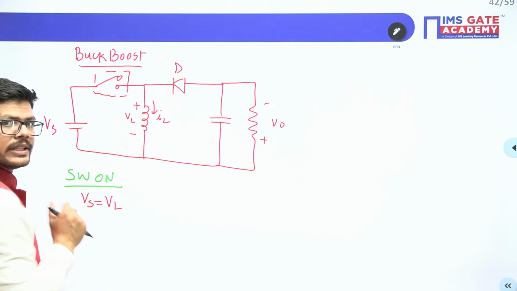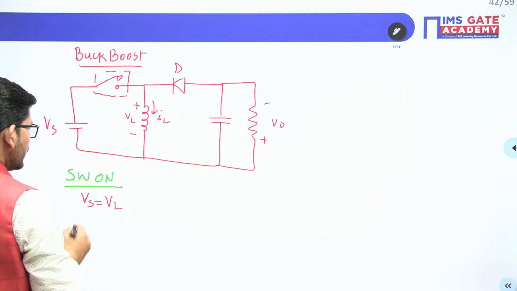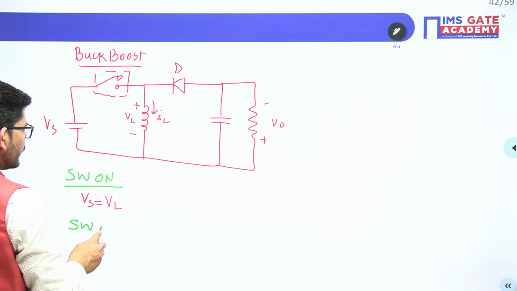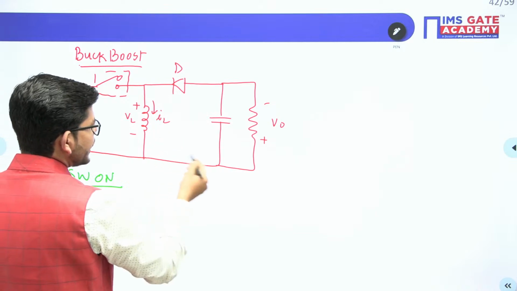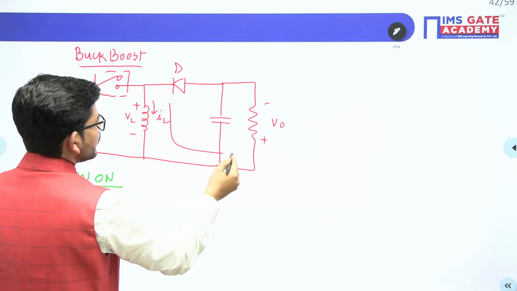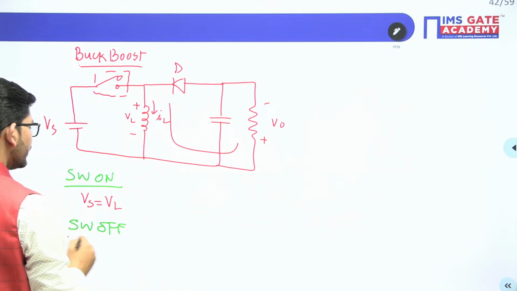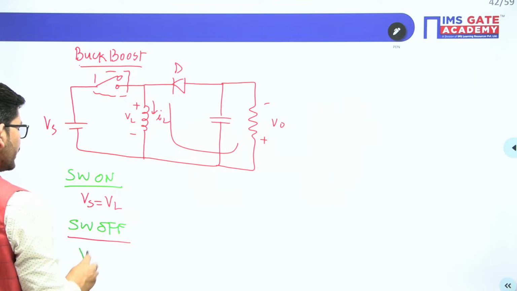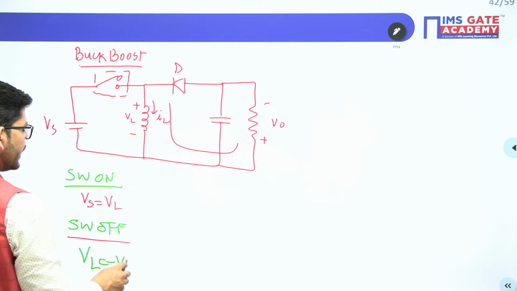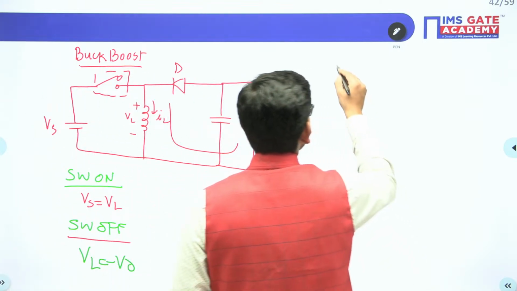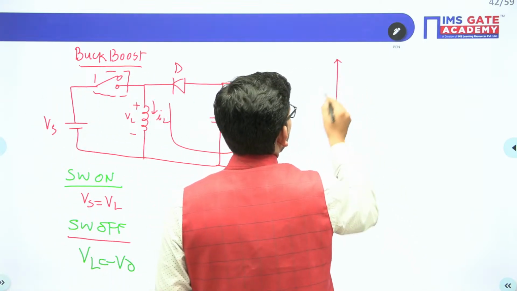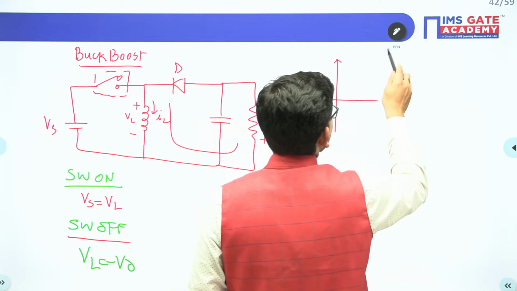The inductor voltage is exactly equal to Vs. When the switch is off, you have to apply KVL in this particular circuit. When you apply KVL, you will get VL equals minus V naught, isn't it? This is what you are getting. Now see, we have a current waveform given to us.